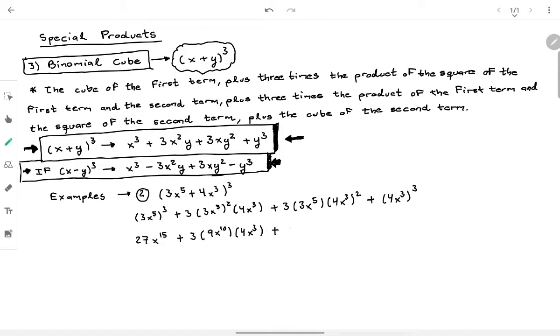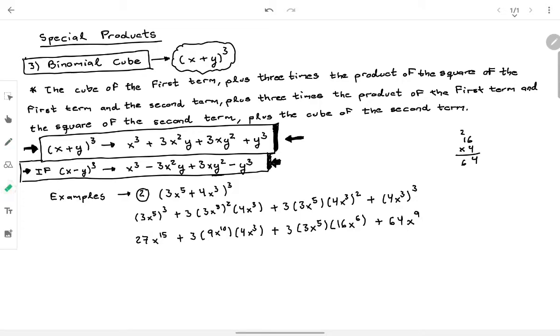The next one is going to be 3 times 3x to the 5th multiplied by 16x to the 6th, because remember it's 3 times 2 plus... it's going to be 16 times 4, that is 64, and it's going to be x to the 9.